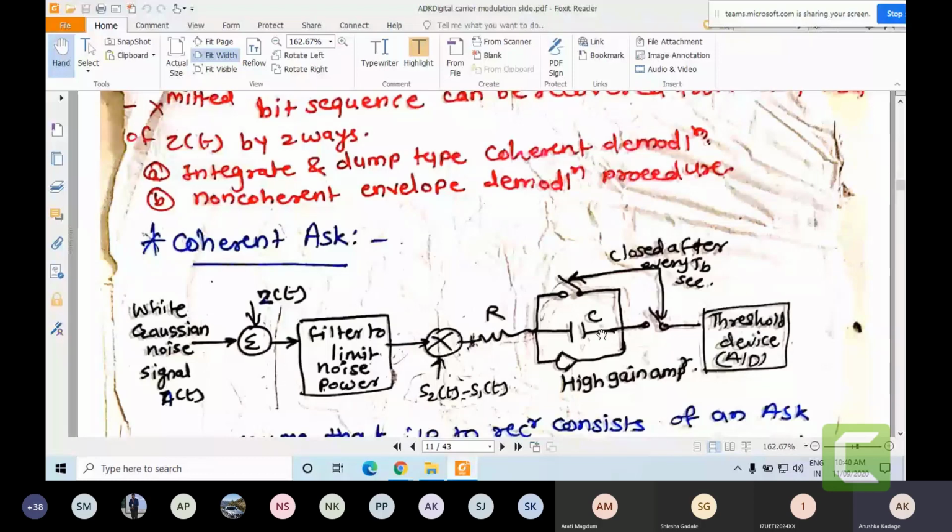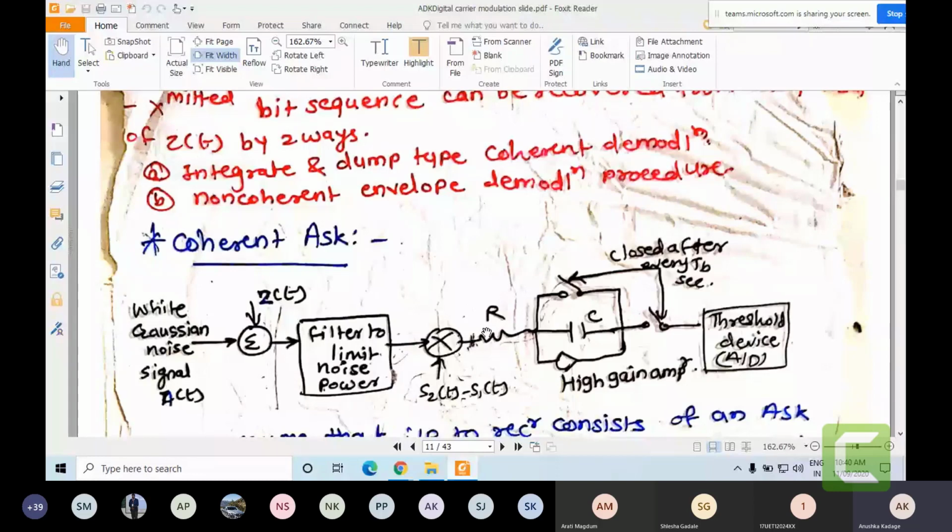And that's why we say integrate. The dumping of these integrated values across the capacitor will happen only when these two switches get closed. Otherwise, output dumping is not possible as the path is not closed for forwarding this integrated output. And that's why this circuit has been named as integrate and dump receiver.